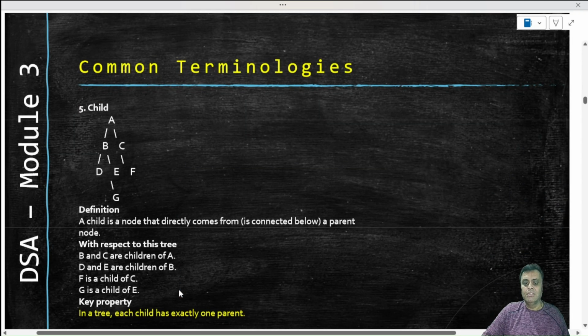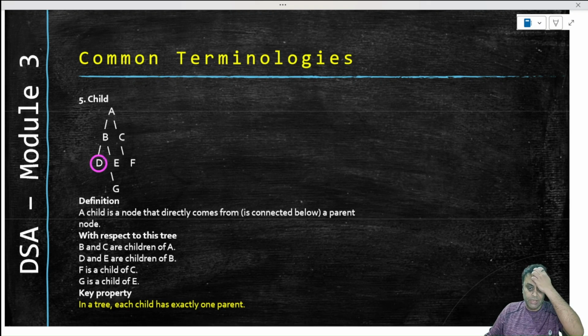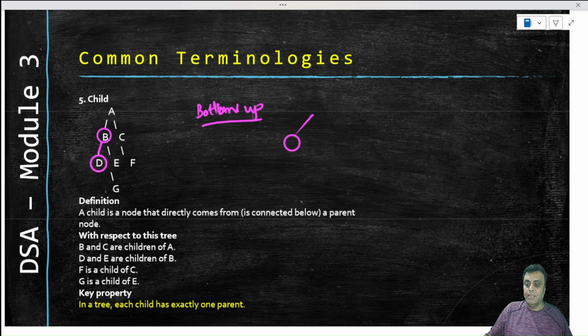And similarly, child will be a standard child definition, where we will say that if D is a child, it means it is directly connected to a particular parent. In this case, it is B, right? So if I take this again, I'm doing a bottoms up concept, and I'm saying that from a particular node, if I can use an edge to go to another particular node, then I am a child.